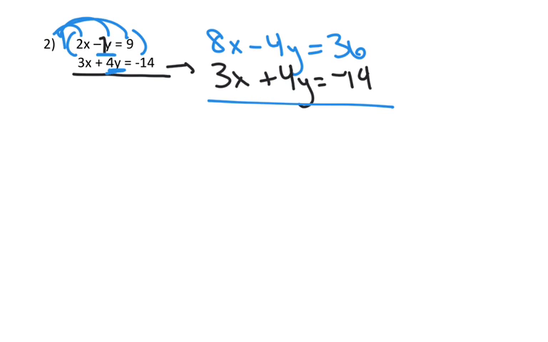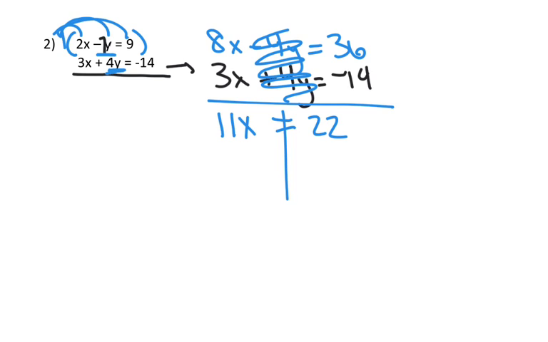If I add my x's, 8x plus 3x is 11x. And negative 4 plus 4 now cancels, which is what we wanted to happen. And 36 plus negative 14 is 22. Now we can solve this equation. We'll just divide both sides by 11, and x equals 2.